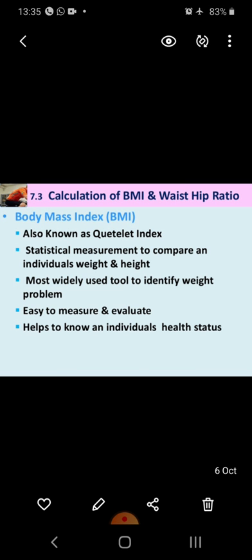How many individuals of India are under which category: normal, overweight, underweight, or obese 1, 2, 3 category. So we get to know about the individual's health status.